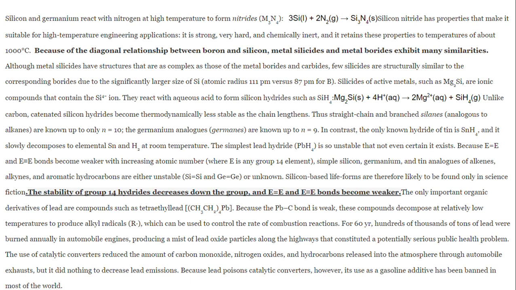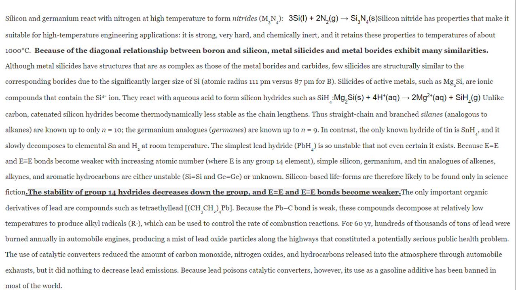It is strong, very hard, and chemically inert, and it retains these properties to temperatures of about 1000 degrees centigrade. So again, silicon nitride is very useful in engineering applications due to its resistance to high temperature.